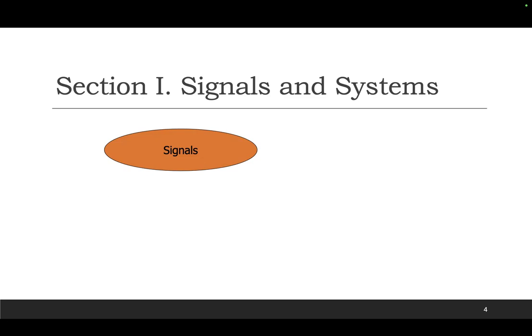I think it's been a long time. Do you remember? Actually, we talked about different types of signals: the energy signal, the power signal, the periodic signal, and some non-energy, non-power signals.